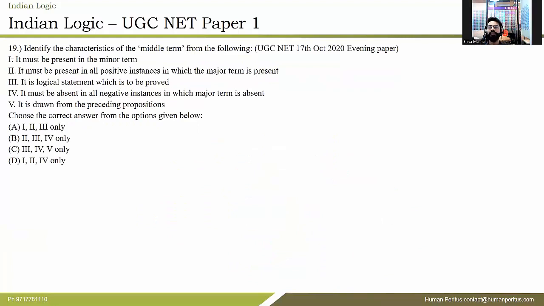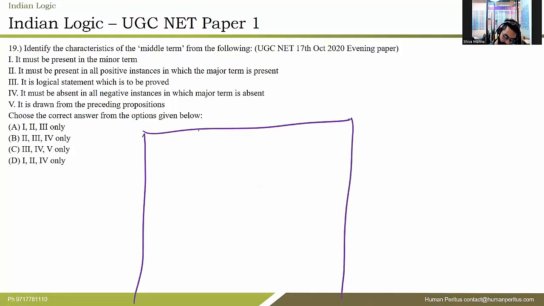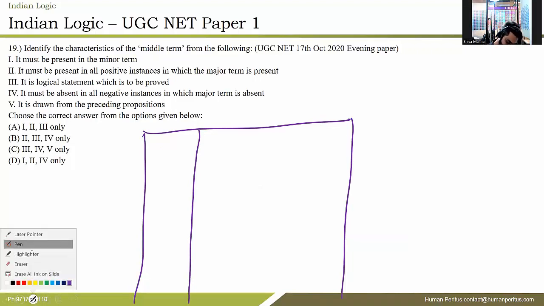Now in this question, they have asked about the characteristics of middle term. Characteristics of middle term are very important because they can always be asked, and they all have Indian words to them. So first I'll write the Indian logic terms for them and then I'll explain what those characteristics actually mean. First one is Pakshadharmata.